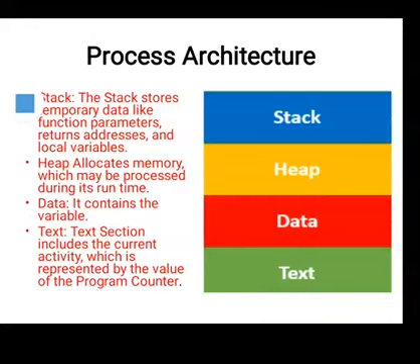Data contains the variables. The text section includes the current activity, which is represented by the value of the program counter. These are the basic four parts which can be put in main memory.